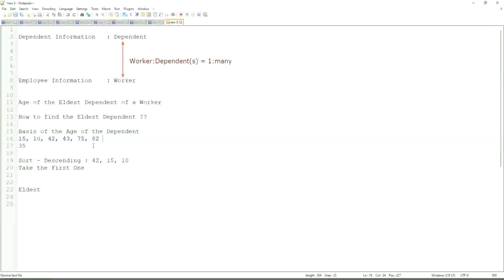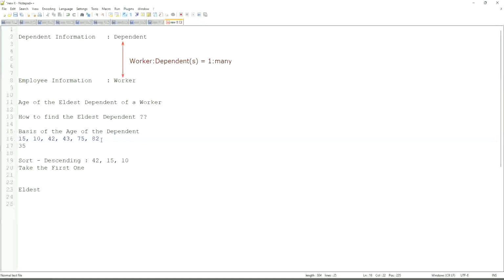If one worker has so many dependents with these ages, will the logic that we have defined be absolutely bulletproof? Only one problem is if there are multiple dependents with the same age. Right, if there are only children as dependents, and there is a twin the same age, then it becomes difficult, but other than that it is more or less foolproof.